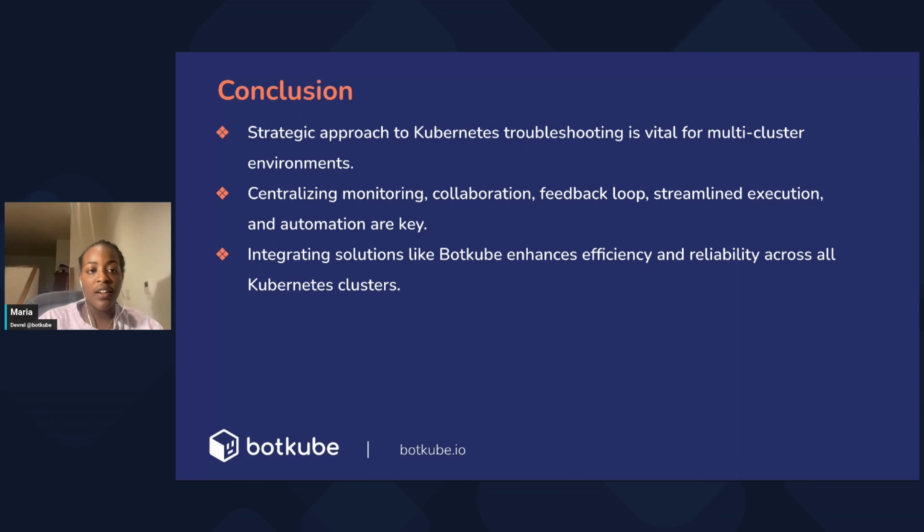By following the best practices that I've talked about before, you will be able to take your Kubernetes troubleshooting to the next level. And finally, integrating solutions like Botkube will enhance your efficiency and reliability across all your Kubernetes clusters.